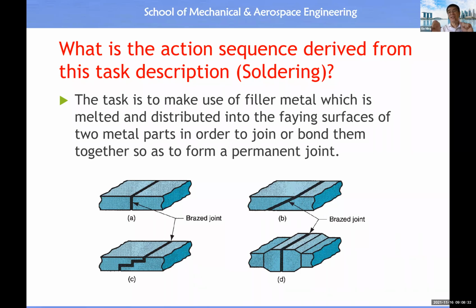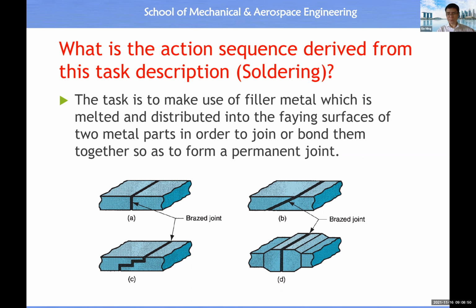So you see the difference. Normally, when we talk about soldering, it usually refers to the soldering of electronic components, for example, a PCB. We solder components onto the PCB, etc.